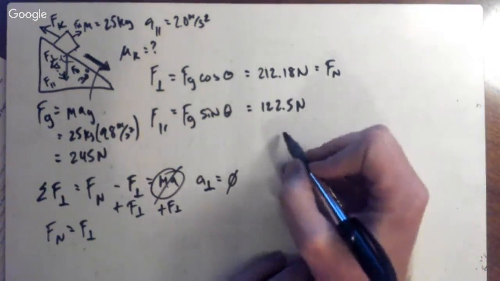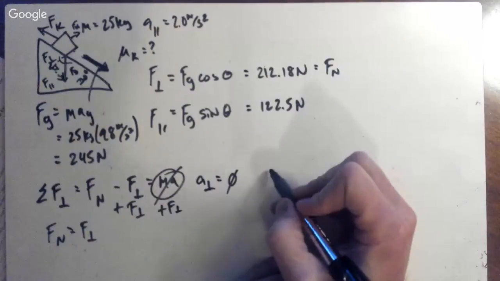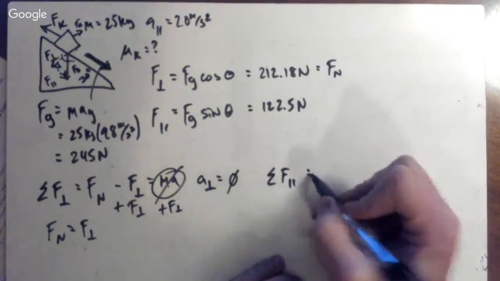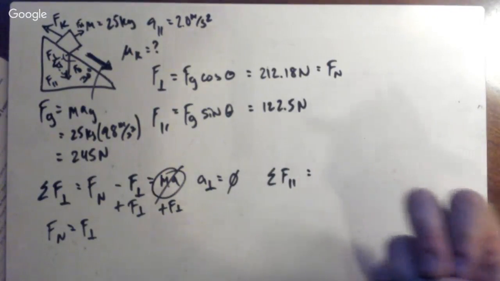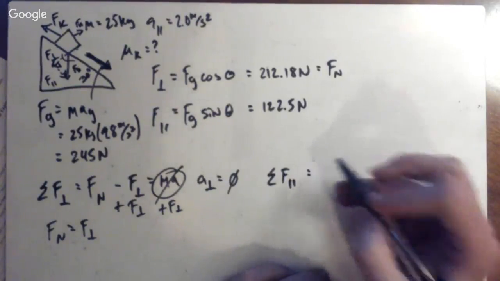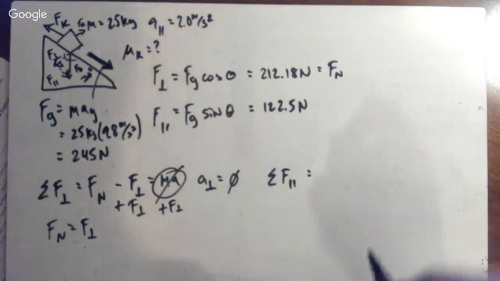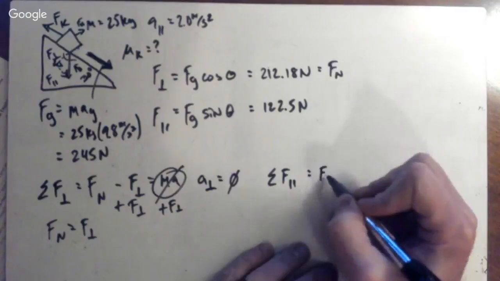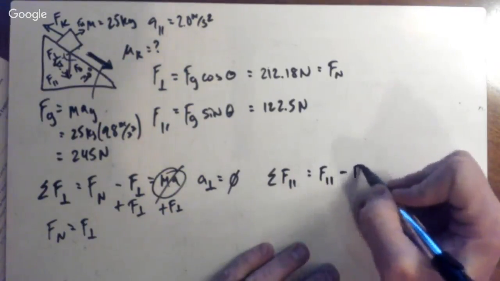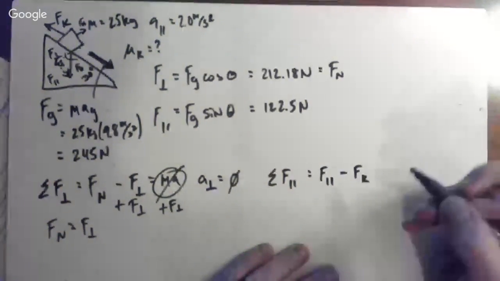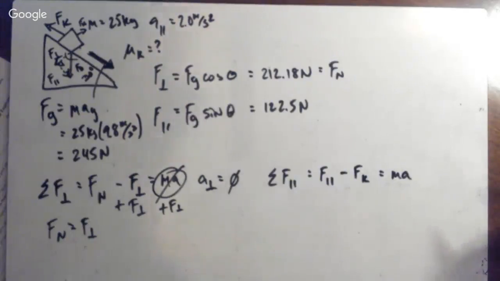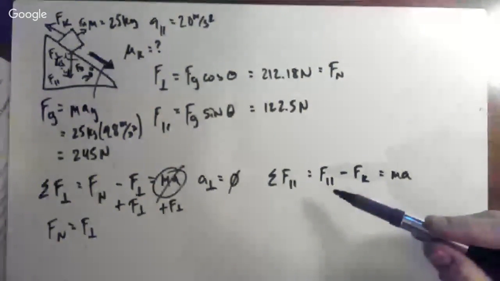Now, almost running out of space. Let's do this one over here. Let's add up our parallel forces. Our parallel forces are just, let's call Fk negative. So F parallel minus Fk equals our mass times our acceleration. We know our F parallel, we calculated it up here.